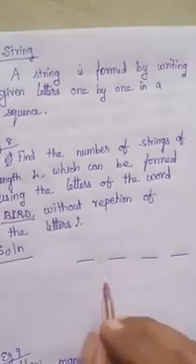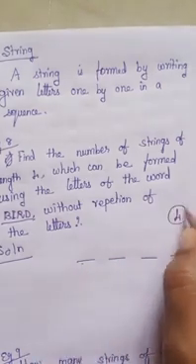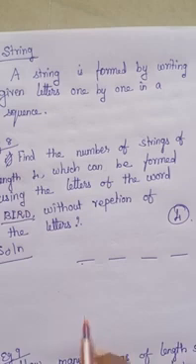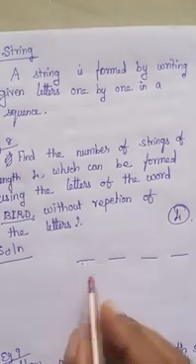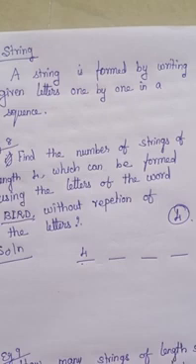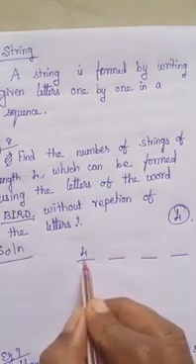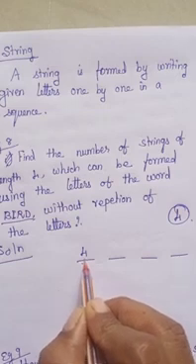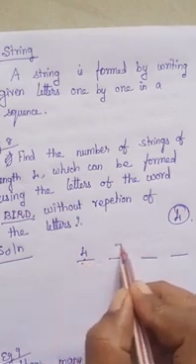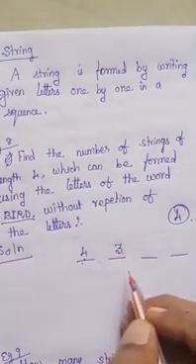See, for the first place, we have 4 letters. Here in the first place, I can use any one letter. So, 4. In the second place, one letter will be fixed, isn't it? One alphabet will be fixed. So in the second place, we will be getting only 3.